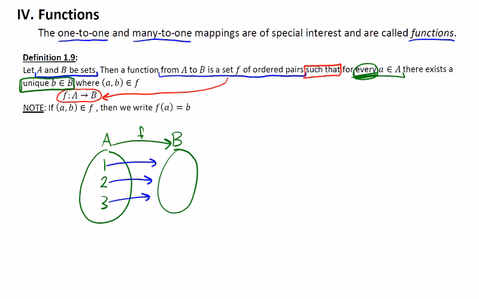So with this, we also have an extra note here talking about this statement (a, b) being an element of F. So when we're talking about a function, we are talking about a particular type of map, which means we're talking about a set of ordered pairs. So there is something called function notation, and that's what this is right here.